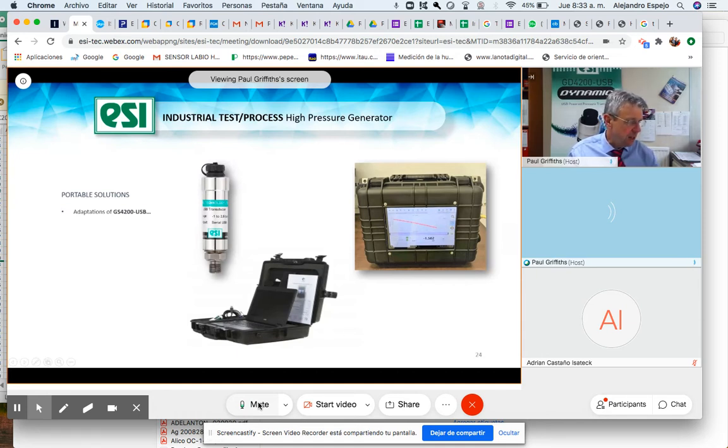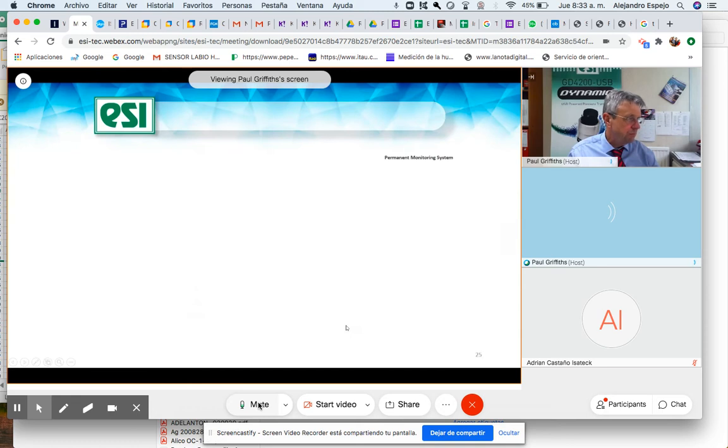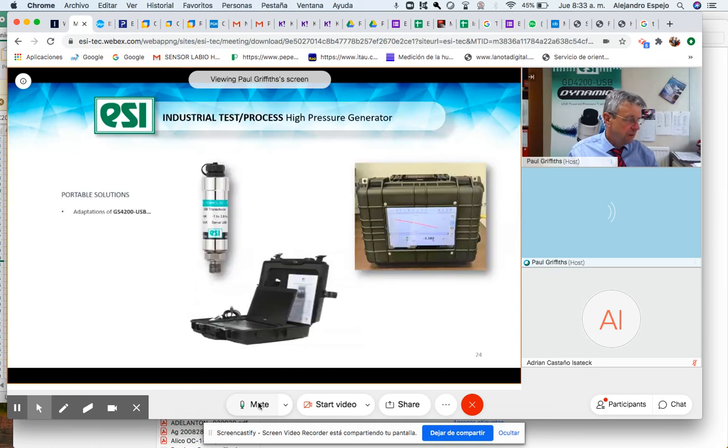And in fact, most of their business is rental. So they put these kits together and they rent out this as a portable test lab. So interesting ideas for the GS42, the USB transmitter.